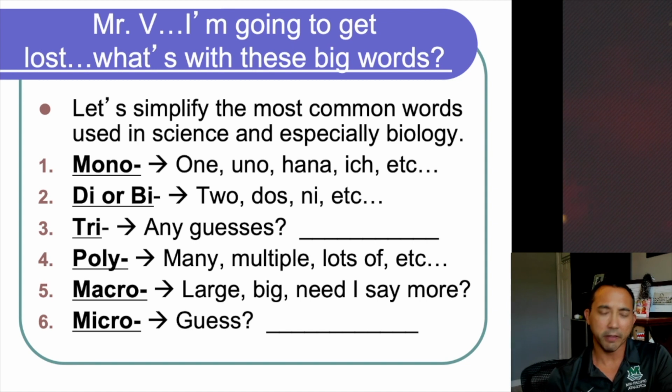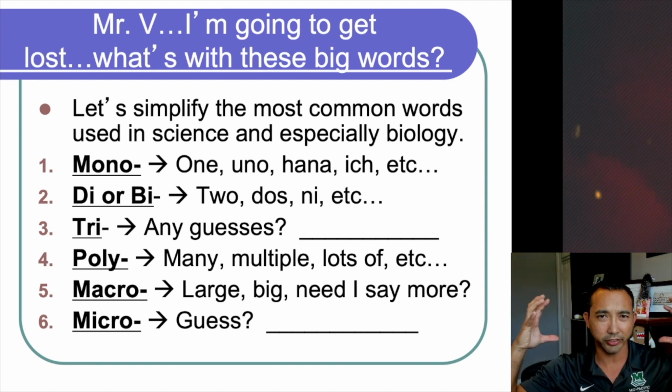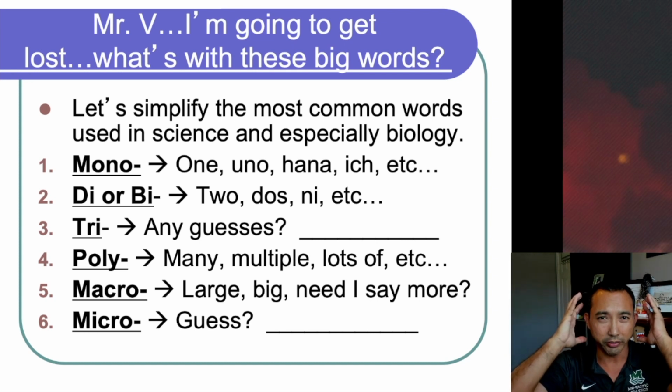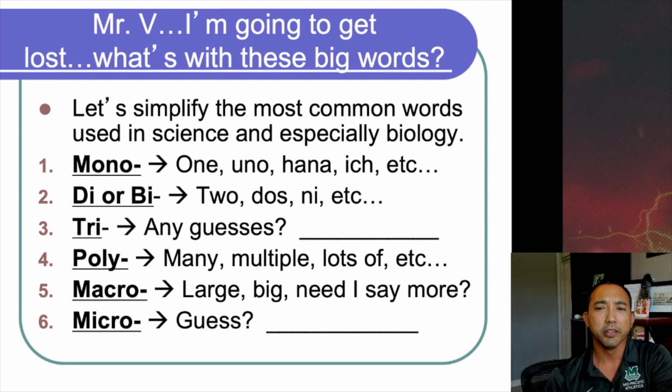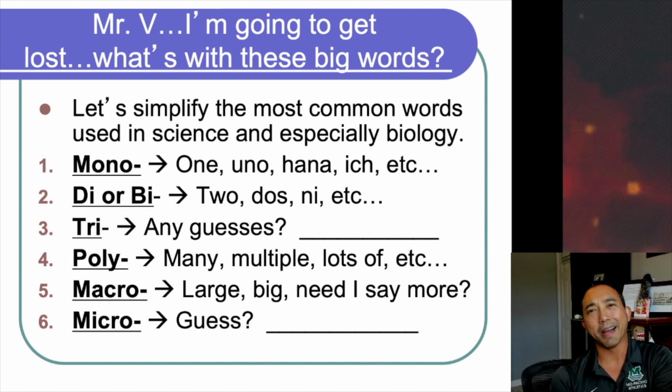If you love music like I do, mono sound is not great because sound comes in at once. Stereo is like two sounds rotating, and so it gives the illusion of depth. So mono is one.